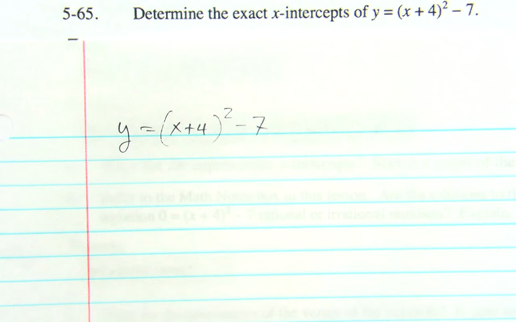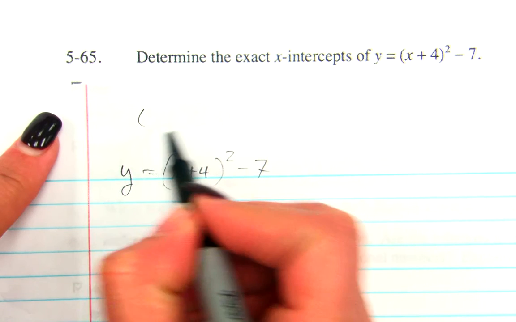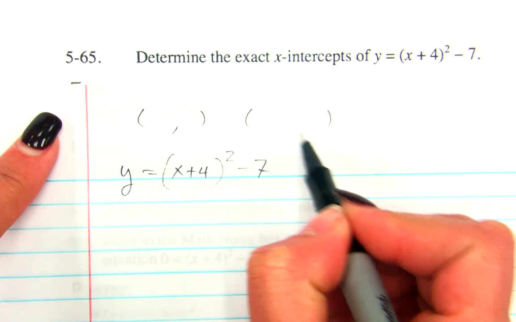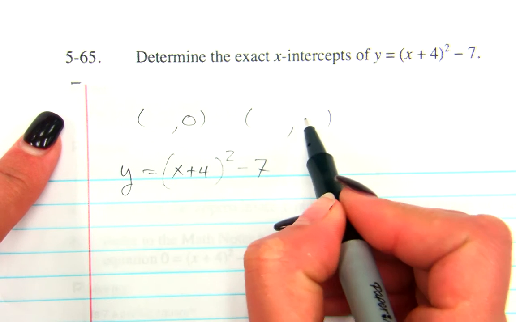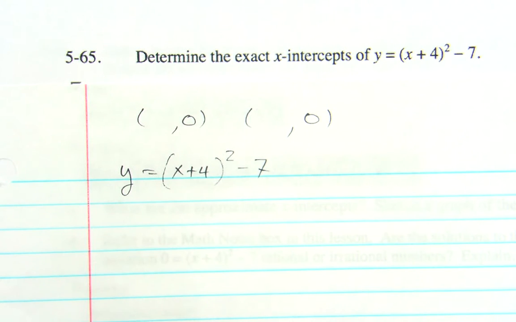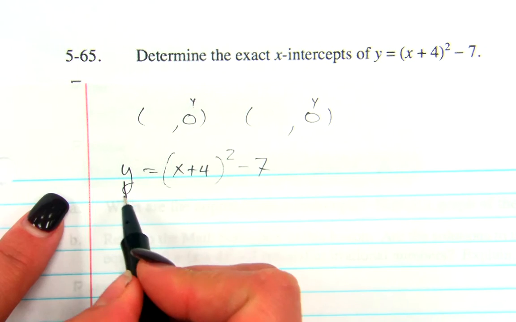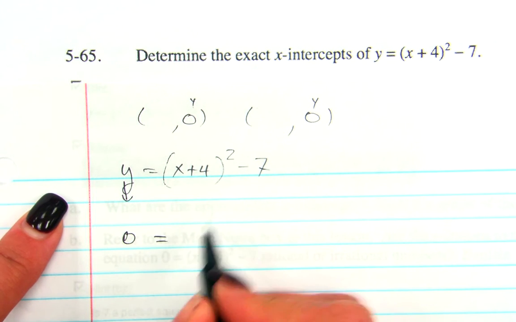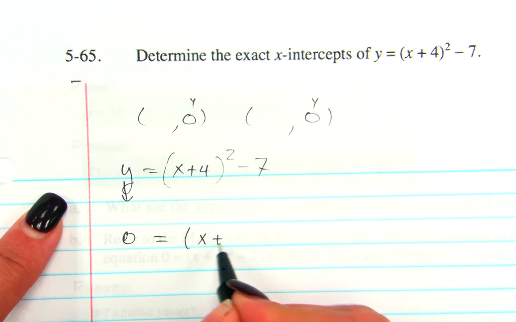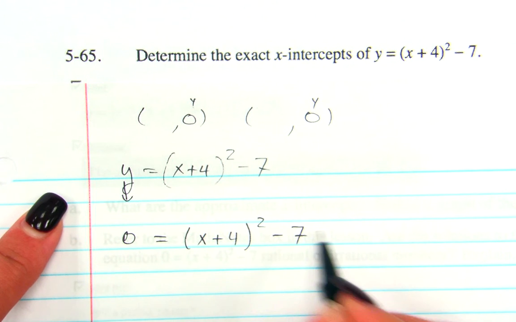So that means you're going to need two of them, if possible. You're going to get a number here and the y is going to be 0, and a number here and the y is going to be 0. Since the y is 0 for both of them, we substitute 0 for y. Then we have (x plus 4) squared minus 7.